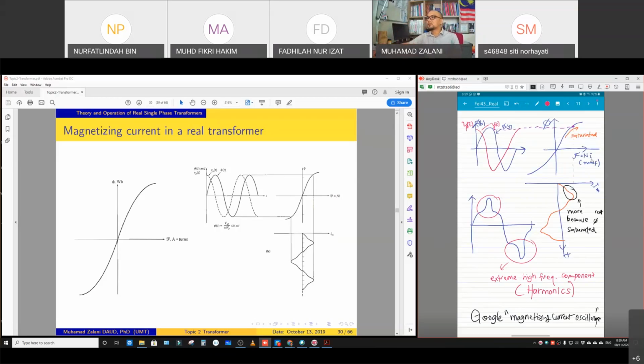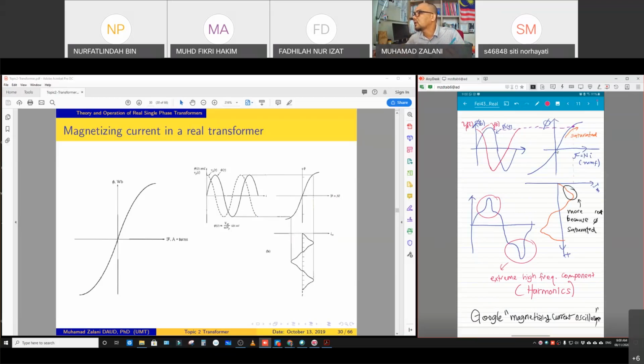If we plot, and refer again to this, initially we supply Vp, which is the red one. We supply Vp, and it produces phi, which is a sine function. From here, how about this phi? This phi over time will be like this.